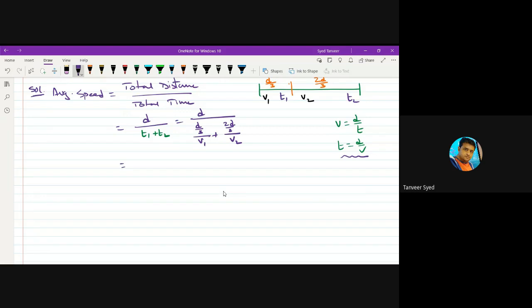What will this become? d by 3v1 plus 2d by 3v2.